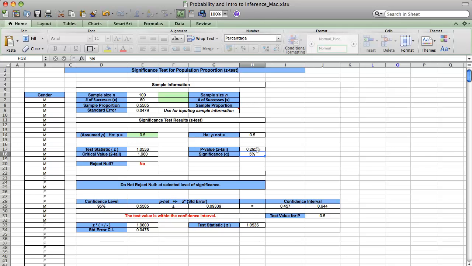Here, the p-value is very high, 0.2921. Here the p-value is quite clearly greater than 5%, so it's leading us to the same conclusion: do not reject the null hypothesis. In other words, the assumption of 50% women, and therefore 50% men, still seems to be valid.